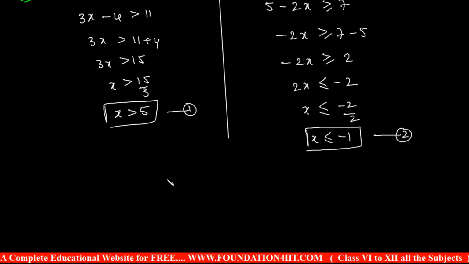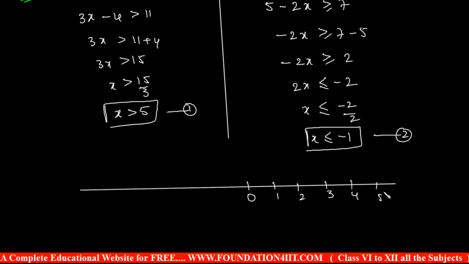So let us draw the number line for this. The 0, minus 1, and this is positive 1, 2, 3, 4, 5 and so on. And minus 1, minus 2, minus 3, minus 4 and so on. The first case is x is greater than 5.